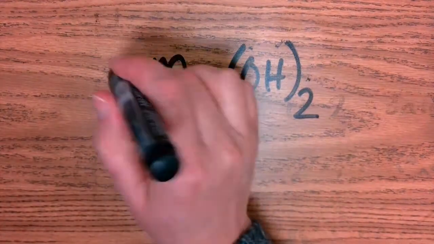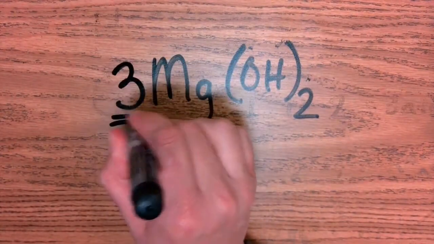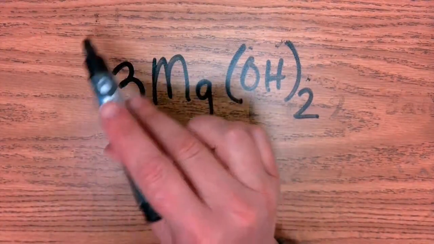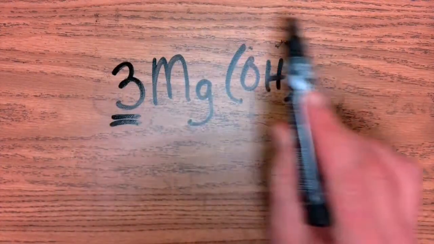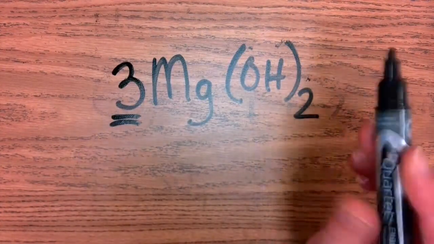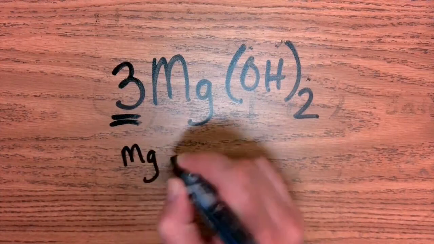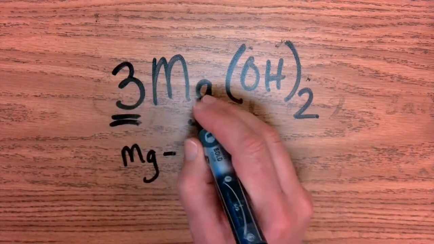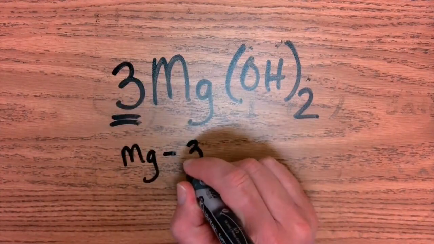If I were to have, say, 3 molecules of MgOH2, I would have 3 magnesiums.